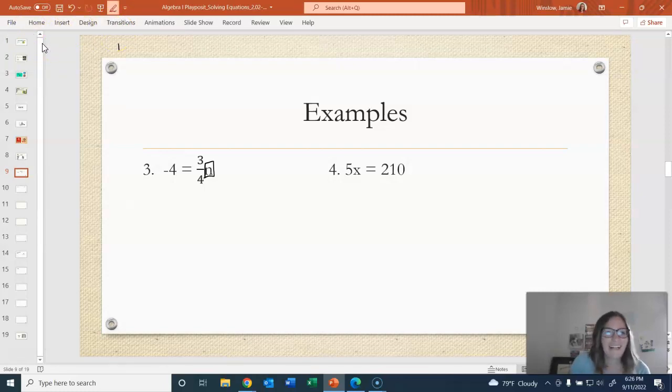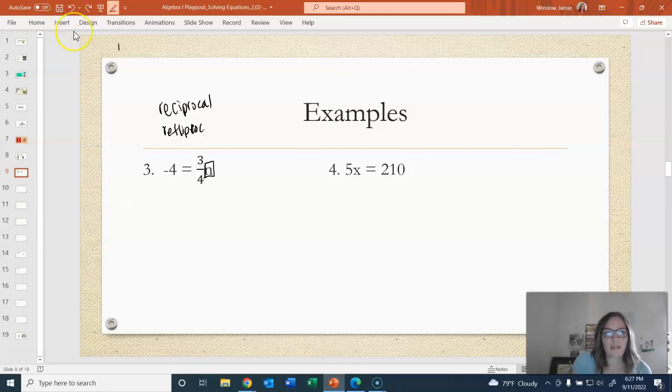Okay. So what's with the variable? 3/4. That's a fraction. Remember, our inverse of a fraction is the reciprocal. So we are going to flip the fraction and multiply by that. We're going to multiply by 4/3 on both sides.